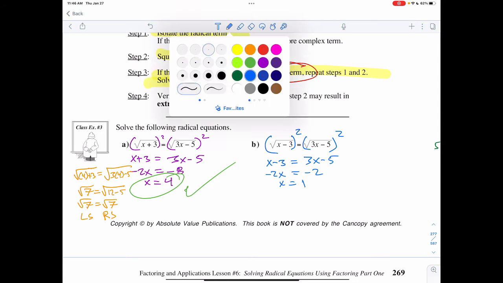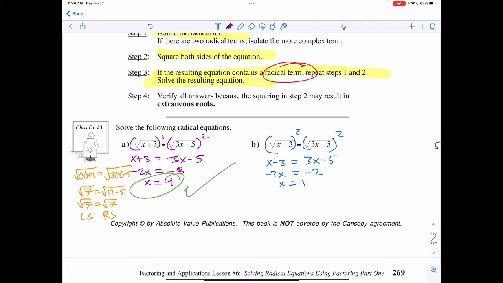Then I'm going to double check this, saying that the square root of 1 minus 3 is equal to the square root of 3 times 1 minus 5. 1 minus 3 is the square root of negative 2.